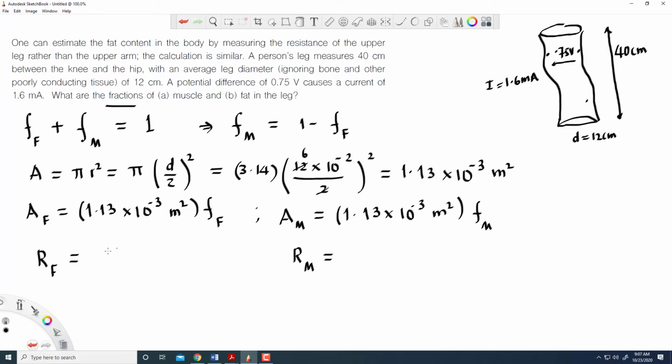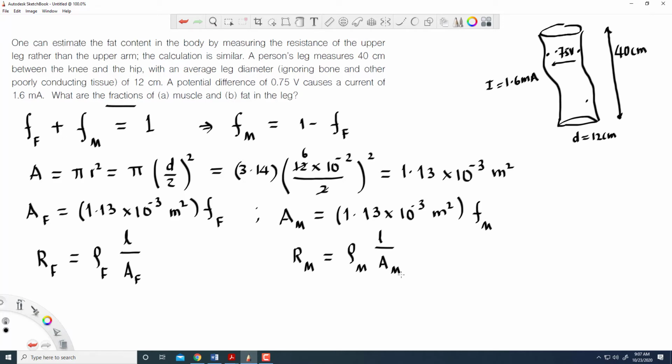So resistance is given by rho, resistivity of fat, times length of the fat over area of the fat, and Rm is resistivity times L over area of muscle.